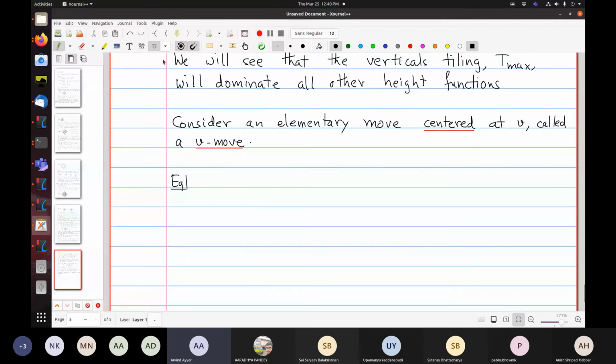Let me draw it as two adjacent rectangles, and just to be able to see, maybe I'll copy this, to keep those slightly apart.